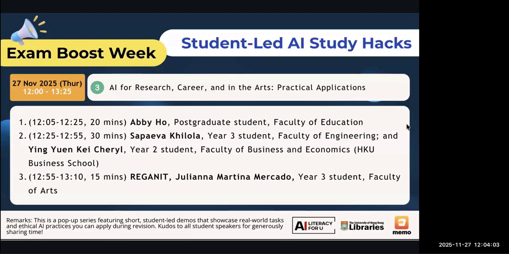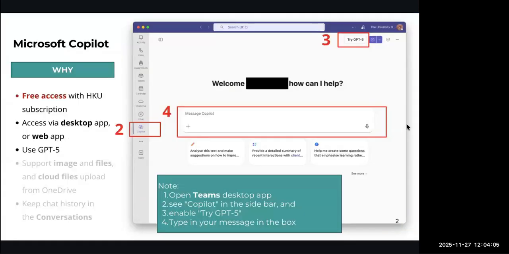Before they start, I would like to mention, for Hong Kong U students and staff, how we can access Copilot and use GPT-5. With our Hong Kong U campus license, you can easily access Copilot when you log into Microsoft Suite with your Hong Kong U Portal account. For example, on these slides you can see a desktop version of Microsoft Teams.